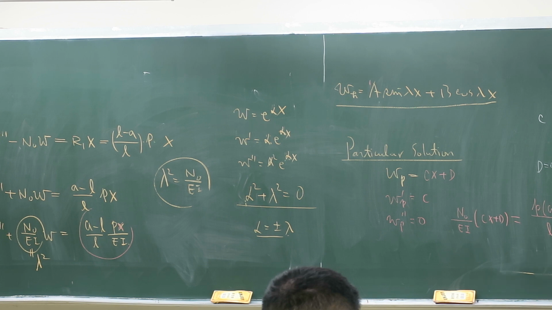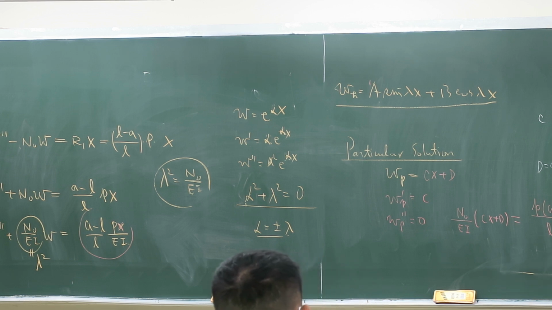So my total solution, homogeneous plus particular solution, will be A sine lambda x plus B cosine lambda x plus P (A minus L) over N0 L x. So this is my solution.